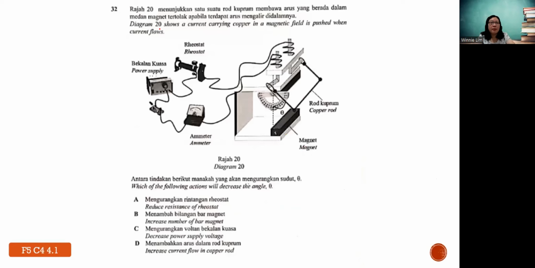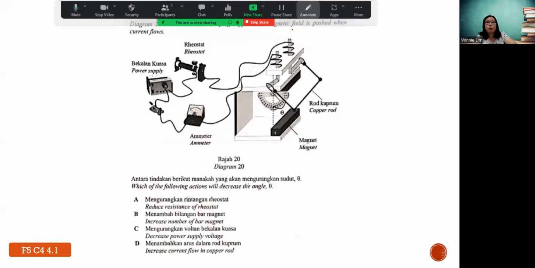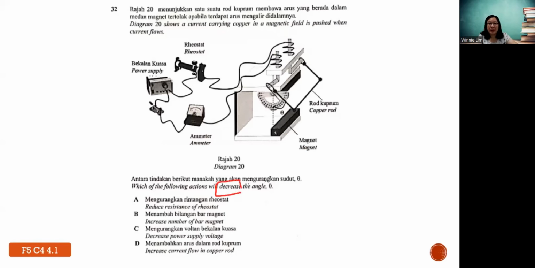Okay, diagram 20 shows a current carrying copper in a magnetic field that is pushed when current flows. This is under electromagnetism, first topic. So which action will decrease the angle theta? If you want this angle to be smaller, that means less force exerted, so how do you have less force? Reduce the resistance? No, because when you reduce resistance, current increases. Current increases, that means force increases.